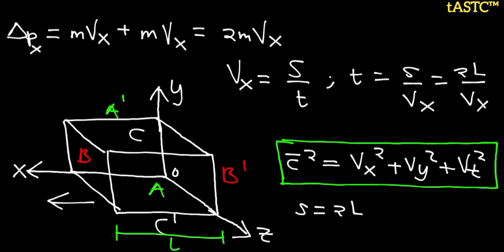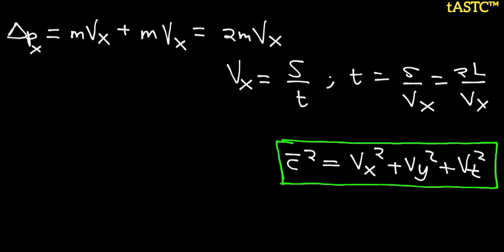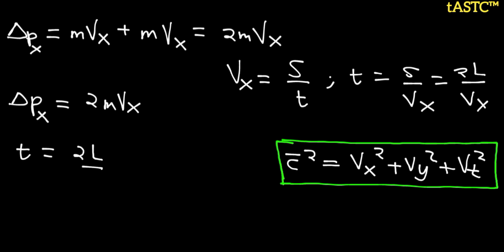Now, I'm just going to wipe these out because by now, hopefully, you understand the point already. So we are going to have the change in the momentum in that axis equal to 2mvx, and the time is equal to 2L divided by v sub x.